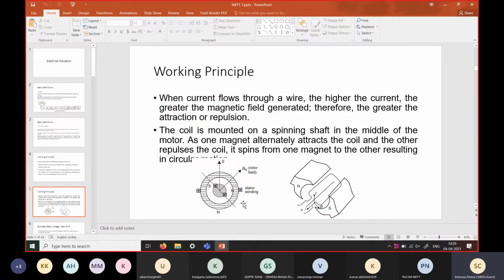Here in the first picture, it is a motor winding.